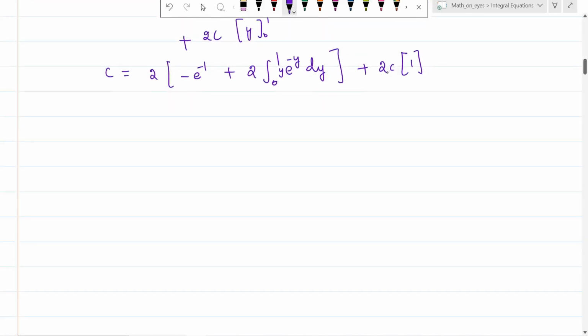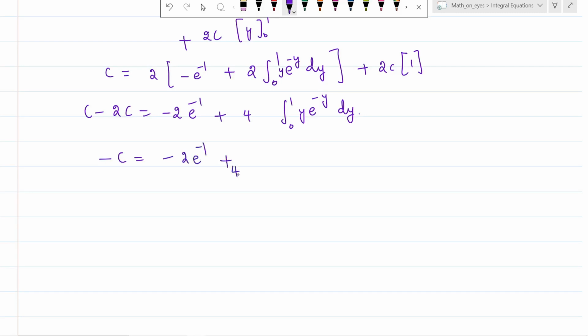Now bring this 2c to the left side, we get c minus 2c is equal to 2 times of minus e power minus 1 plus 2 twos are 4 times of integral 0 to 1 y into e to the power minus y dy. So this will be minus c is equal to minus 2 e power minus 1 plus 4 times of, now again u is equal to y, so we get du is equal to dy, and then e to the power minus y dy is equal to dv.